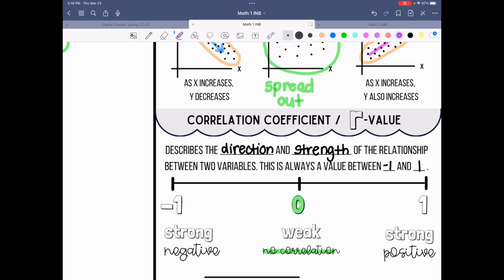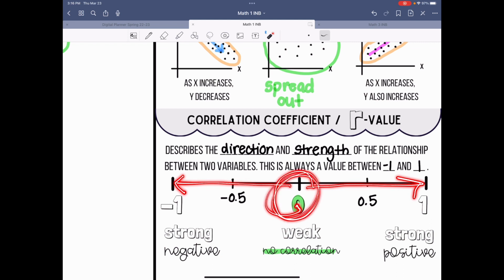So let's do negative 0.5 here and 0.5 here. We have the positive direction this way and the negative direction this way. In the middle is no correlation. And then as we move out closer to -1 and closer to +1, the stronger it gets. The difference is the direction, negative or positive.